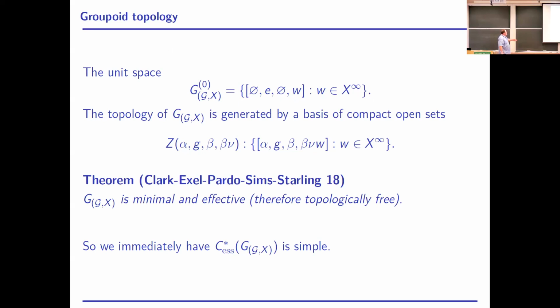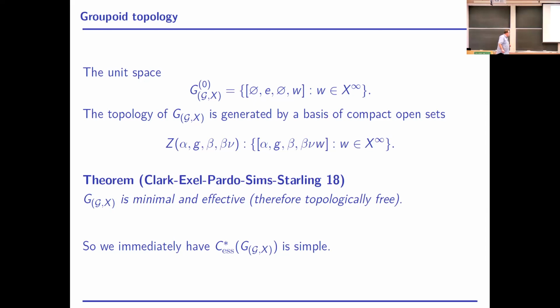And the topology of this thing is generated by a basis of compact open sets. So we're taking, this almost looks like a groupoid element, but this is actually a finite word. And so it's all extensions of that finite word that are also extensions of this beta element.